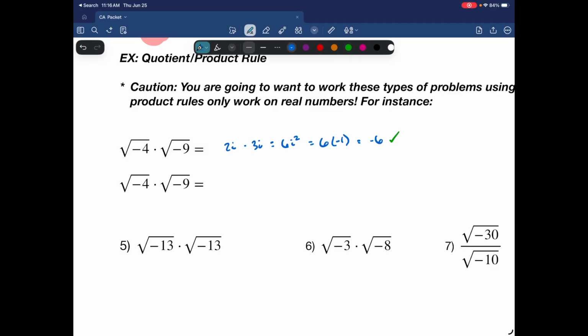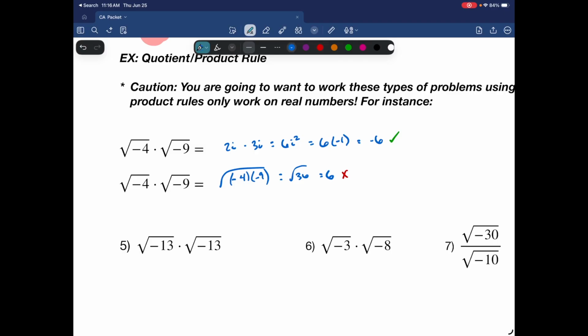Now, as I said, when you look at these two problems, you may consider, oh, well, I can just multiply those two together and get the square root of negative 4 times negative 9. And that's going to give me the square root of positive 36, which is 6. See how they're different? One's right, one's wrong. The first one is the correct way to do it.